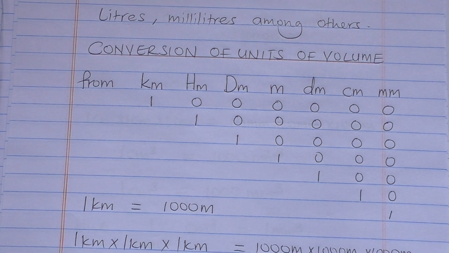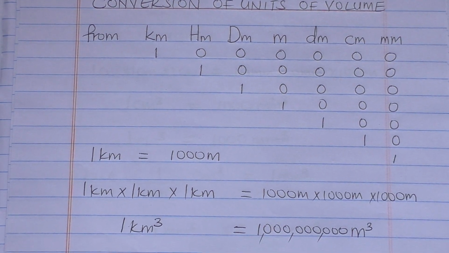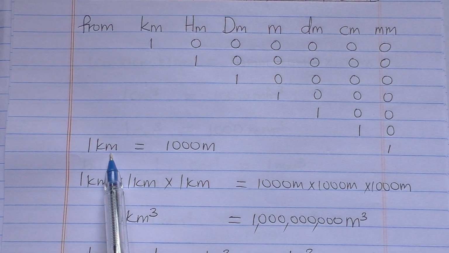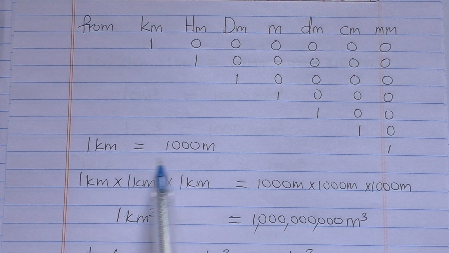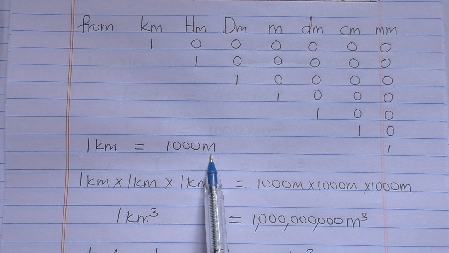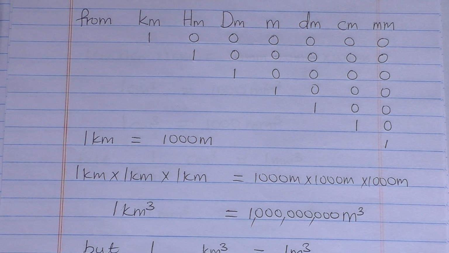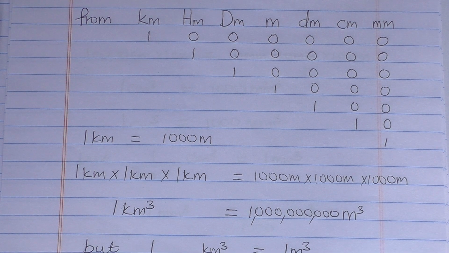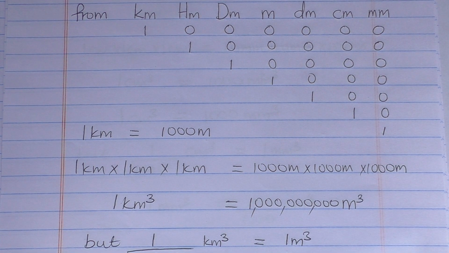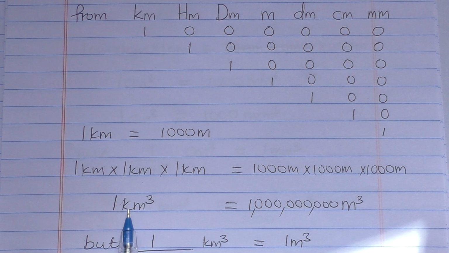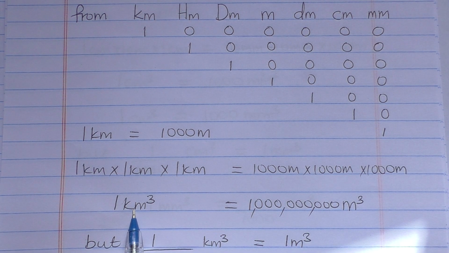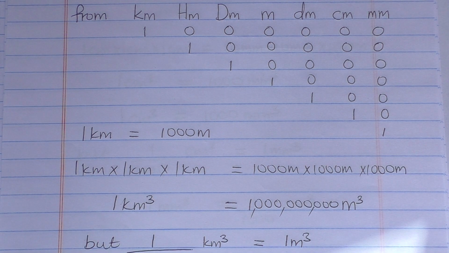So from the above formula, we realize that 1 kilometer is equivalent to 1,000 meters. What about 1 kilometer cubed? Because we've seen that our units of volume are in the third degree, or cubed. The units are always cubed. So therefore, we shall cube the kilometer and also cube the other side.